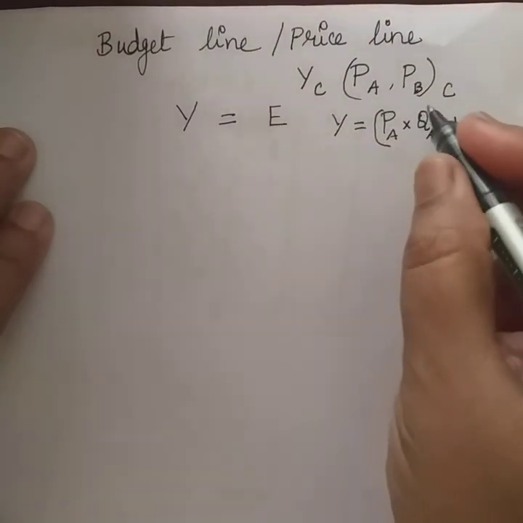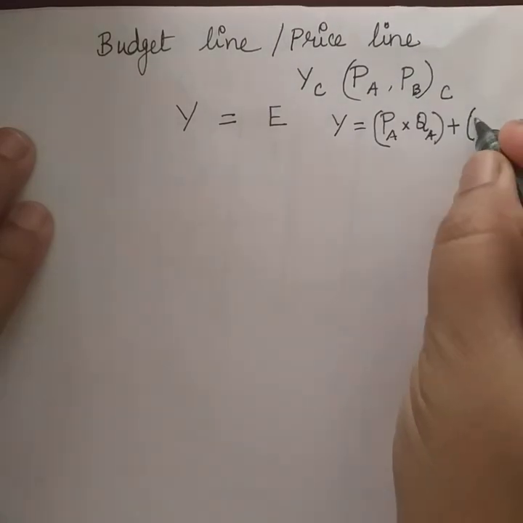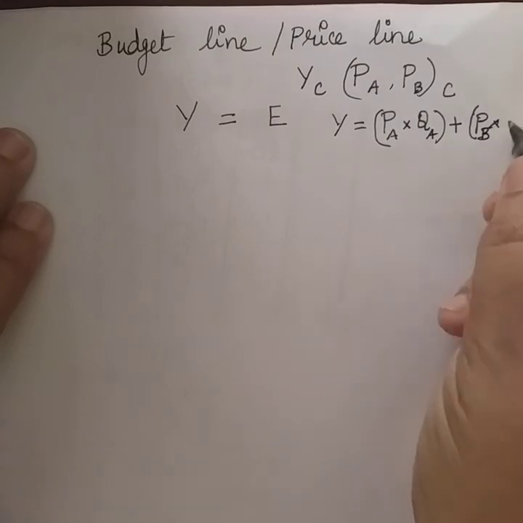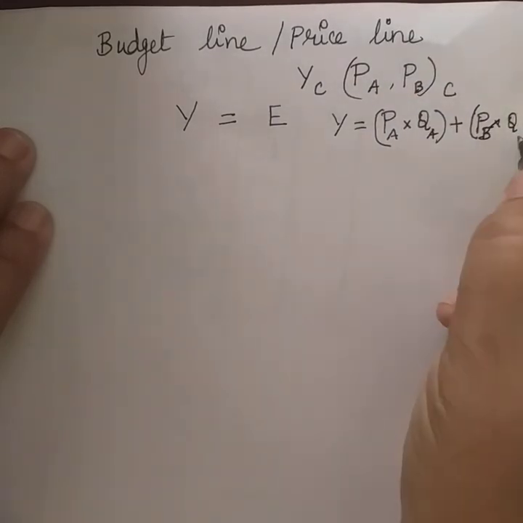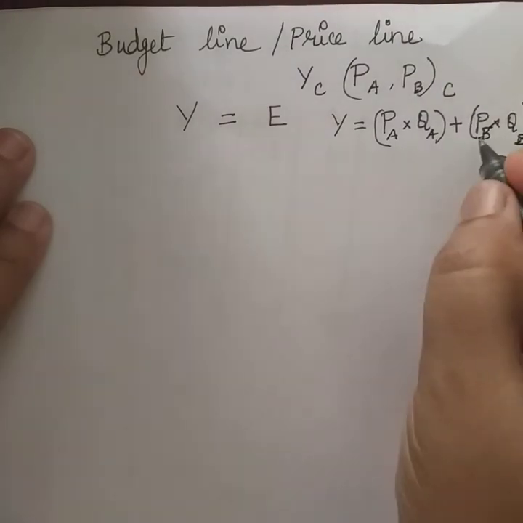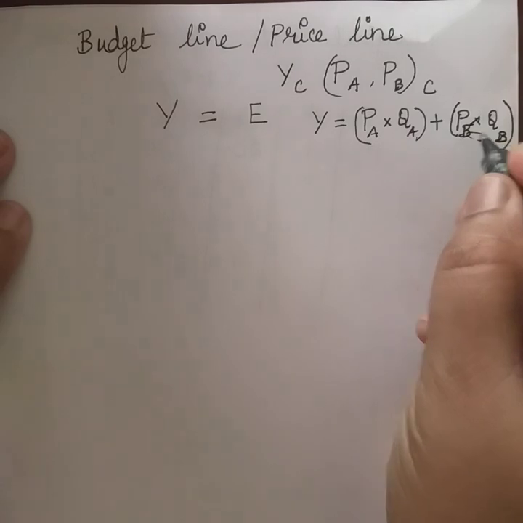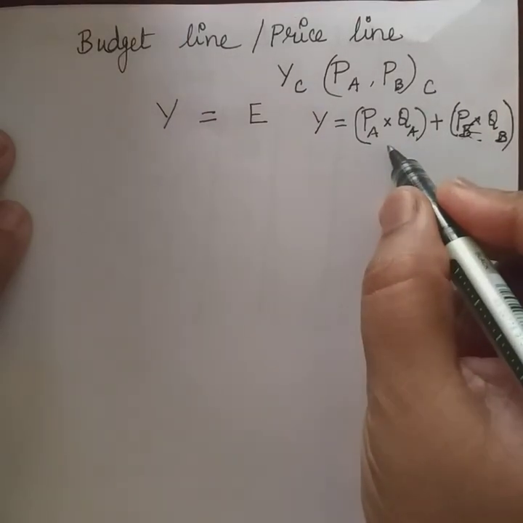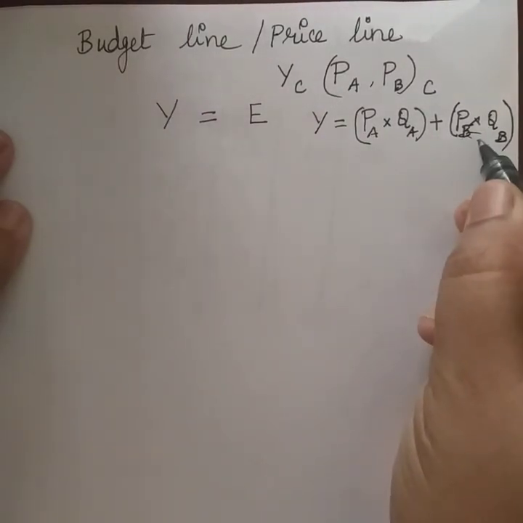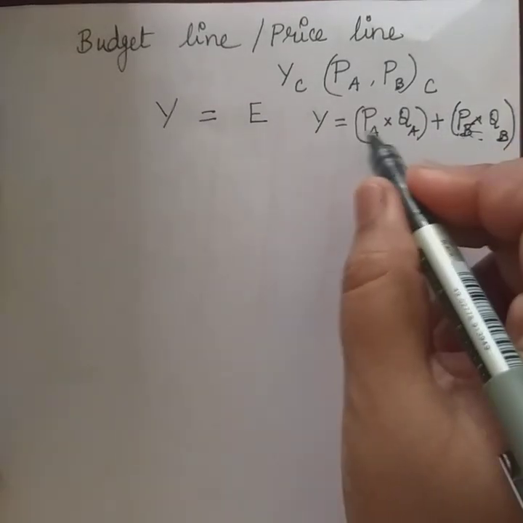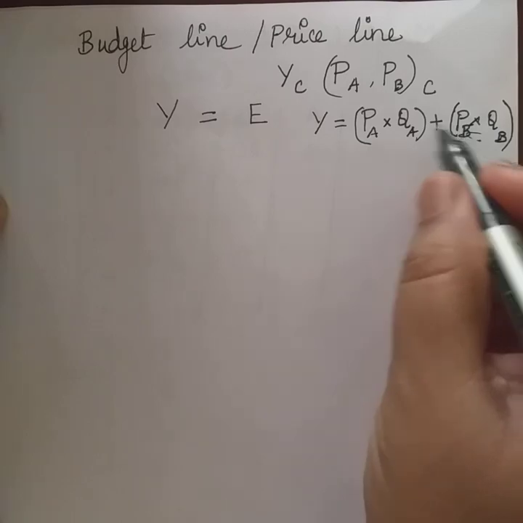Plus the price of commodity B into the quantity purchased of commodity B. That will again be the expenditure undertaken on the purchase of commodity B. Expenditure on commodity A plus expenditure on commodity B will be equal to the income. So this is the budget line equation.